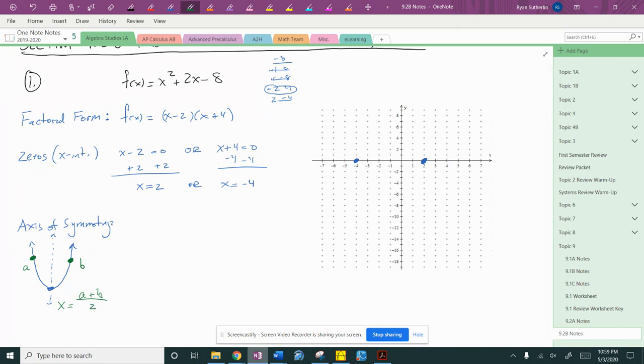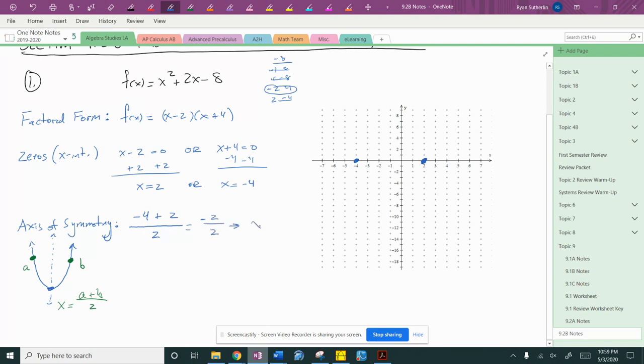Well, we have 2 points here. I have the 2 zeros. So I'm going to take the zeros, negative 4 plus 2, and divide by 2. So negative 4 plus 2 is negative 2, divided by 2.